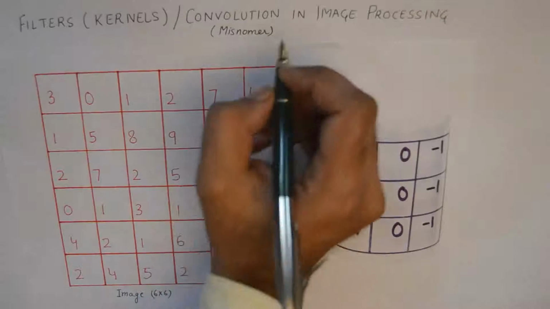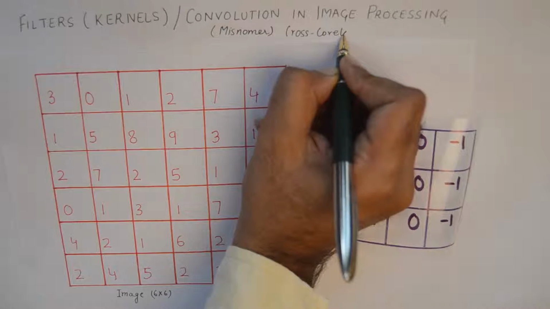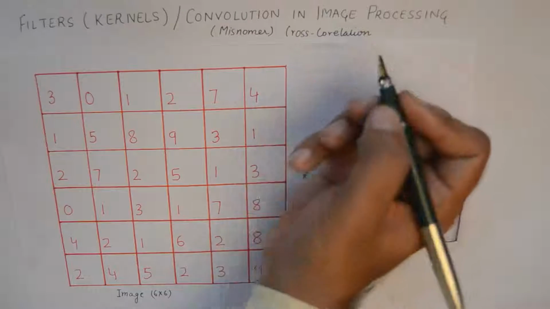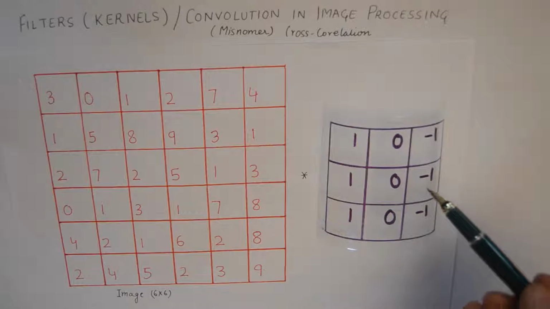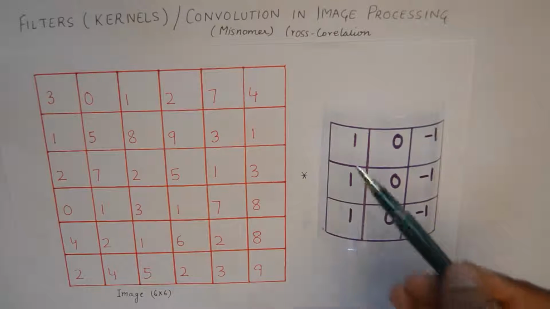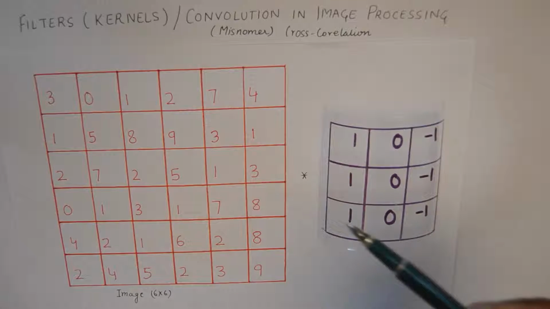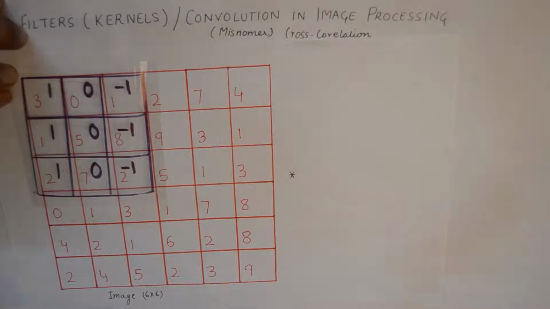The actual thing which is happening is cross correlation, because mathematically convolution means that if you have a matrix, let us say 3 by 3, and you want to do convolution of this matrix, you would need to flip this matrix twice before actually performing the operation that I'm going to describe. But I'll not go into the details of that. We'll loosely call this the process of finding the pixel value of the resultant image.